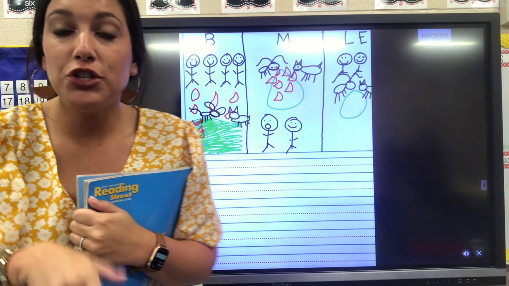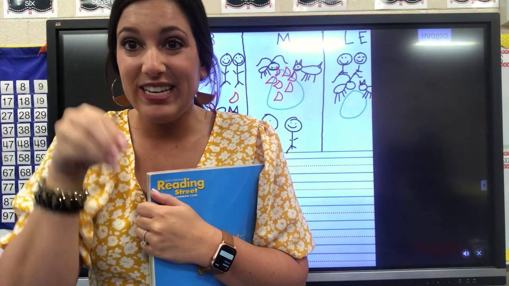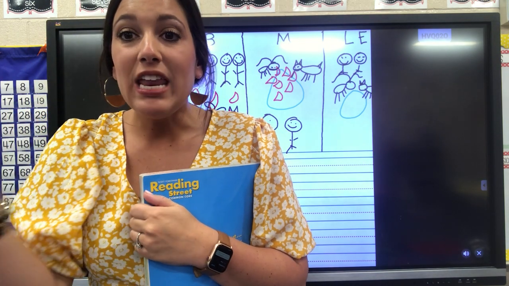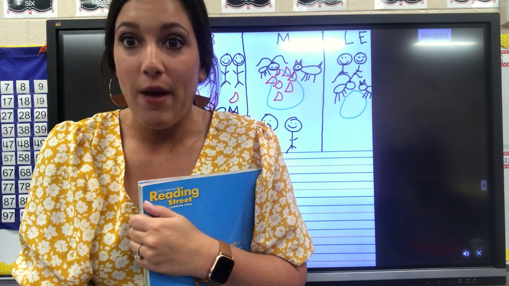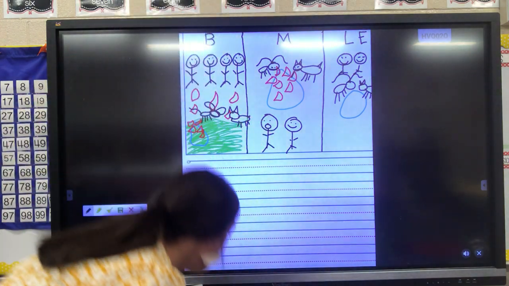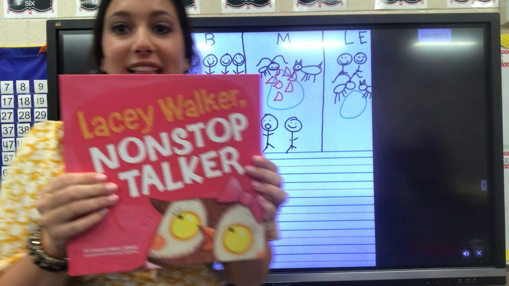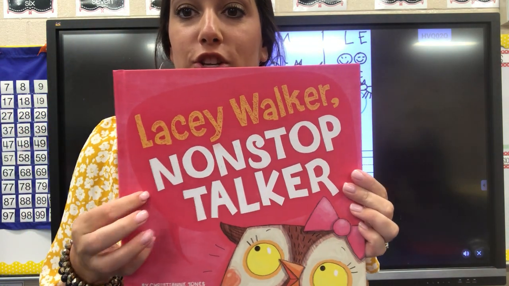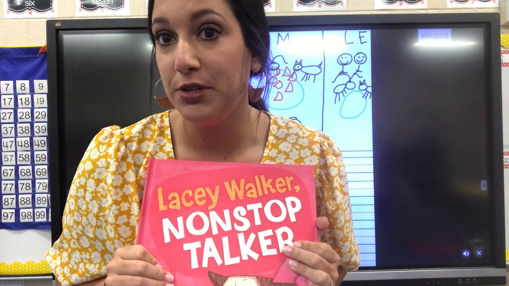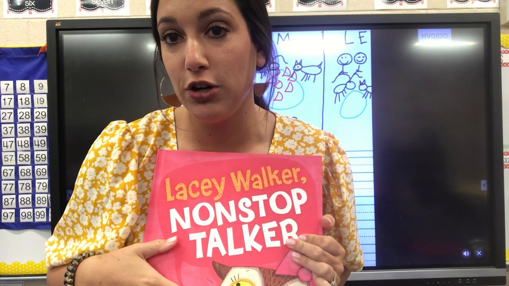So what I'm going to do is, after you finish this video, underneath there's going to be another video. And that story is called Lacey Walker, Nonstop Talker. This is one of Miss Johnson's most favorite books. We love this book in first grade.